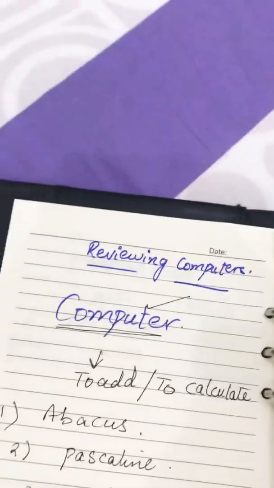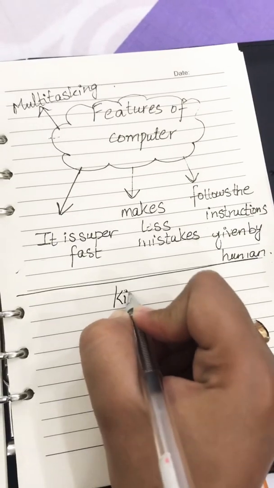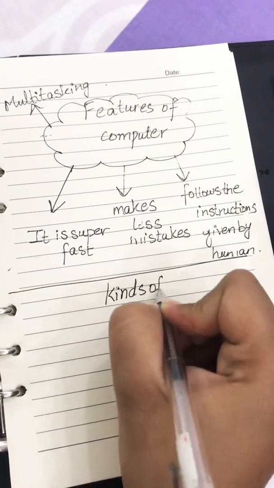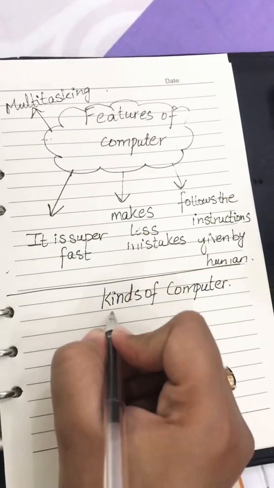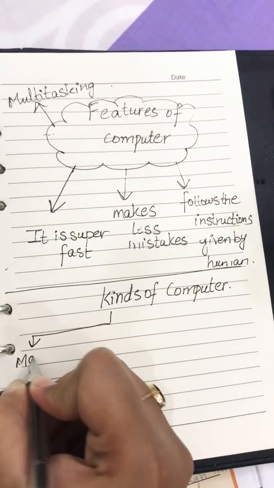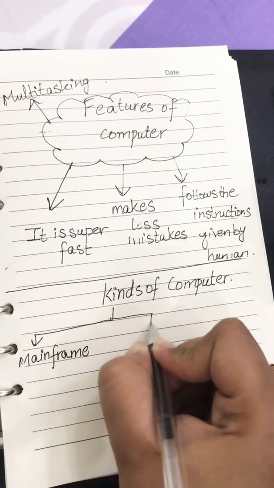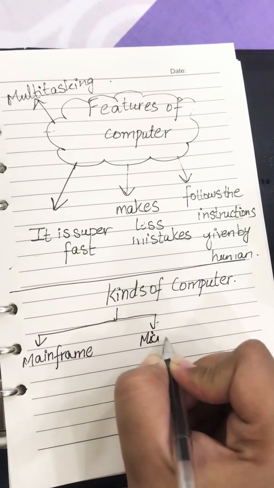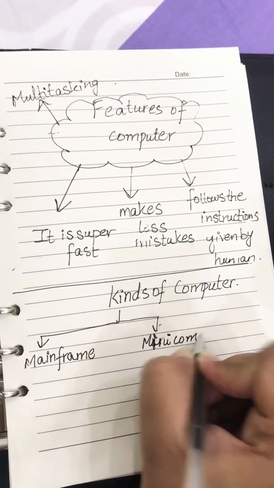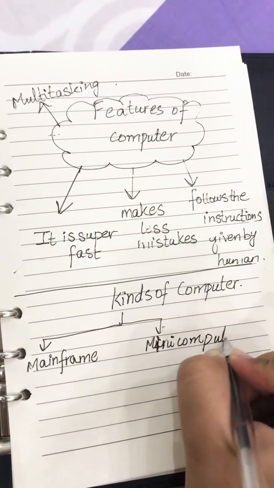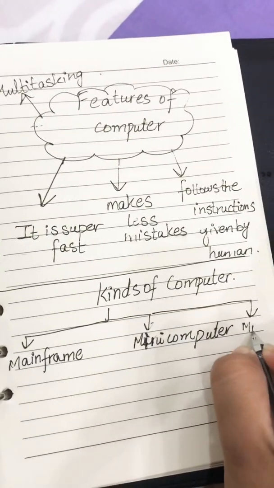Next thing, we have kinds of computer. So we have three kinds of computers: mainframe, mini, and micro.